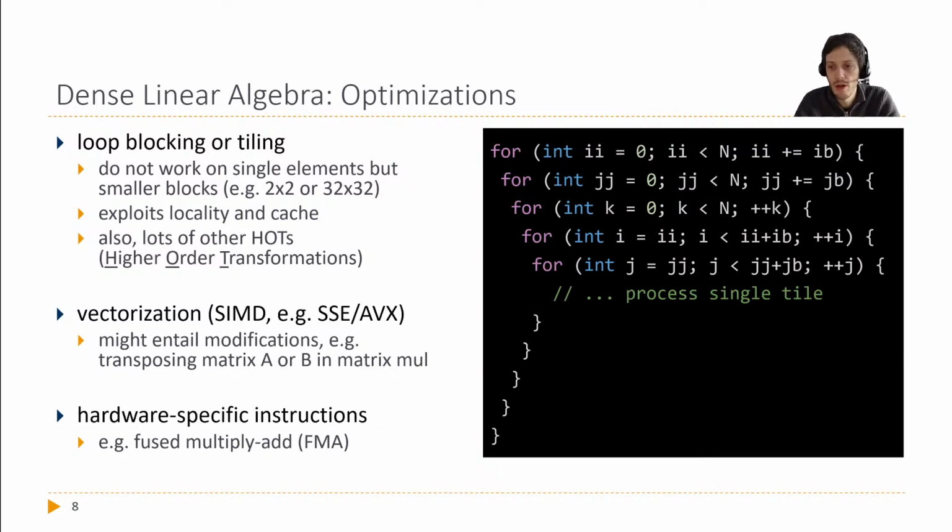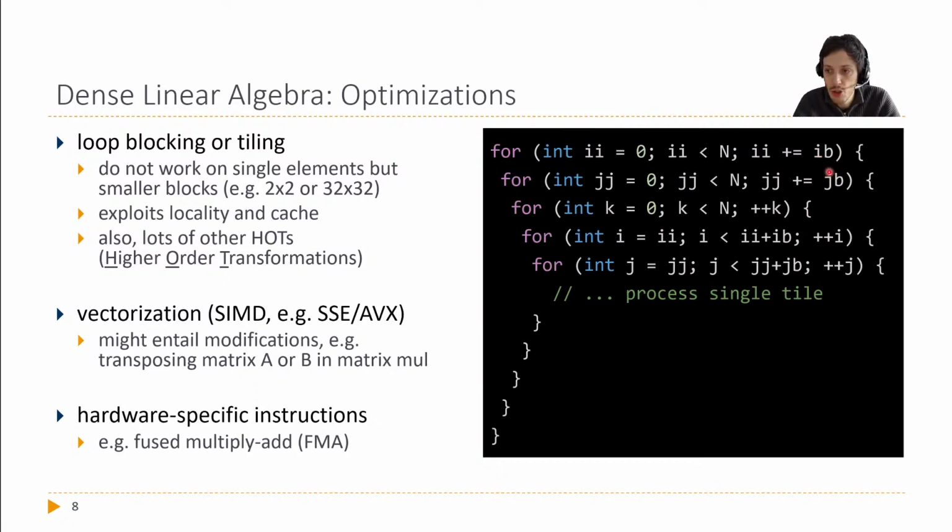And what you can do in that case is the code example that you see on the right, which is another set of loops that basically sets additional boundaries. So we have loops II and JJ, and these two loops loop over the entire domain, and their iterators are increased with a certain block size.